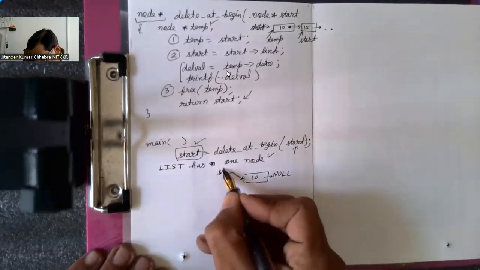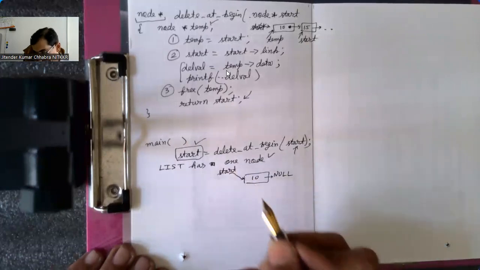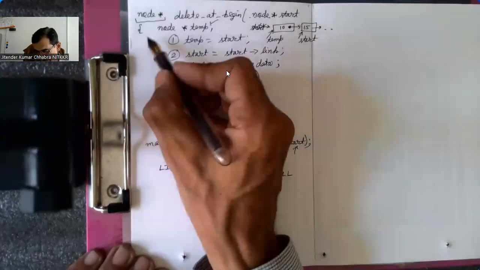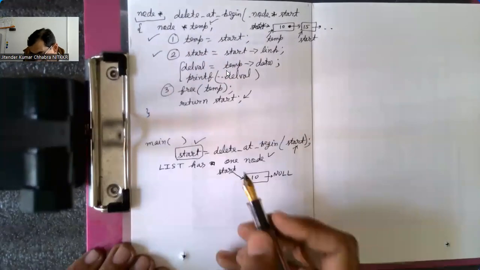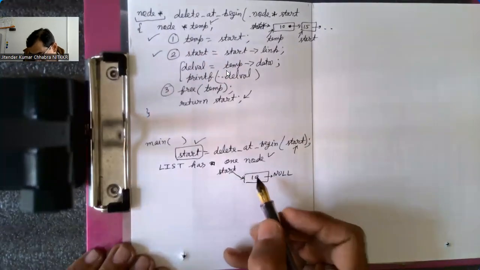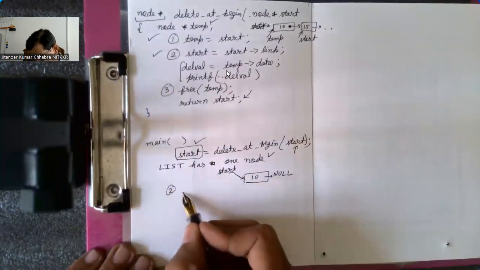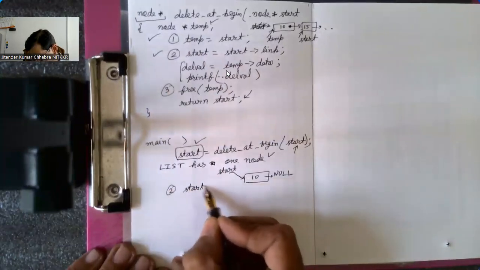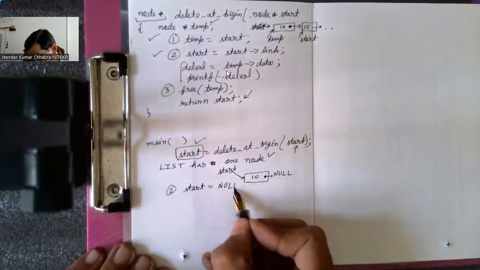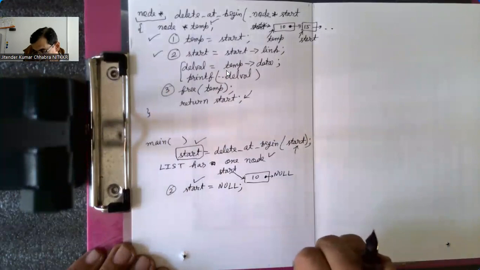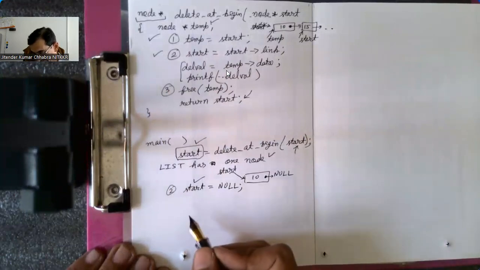This is my start. Let's check whether my code works or not. First step, temp equal to start, no issues. Second step, start equal to start arrow link. The link is null, so now start becomes null. Perfect. This is what we want after the first node is deleted.